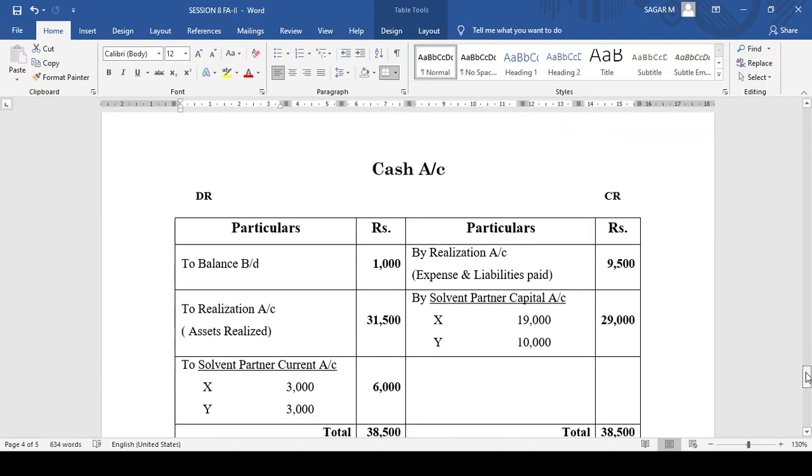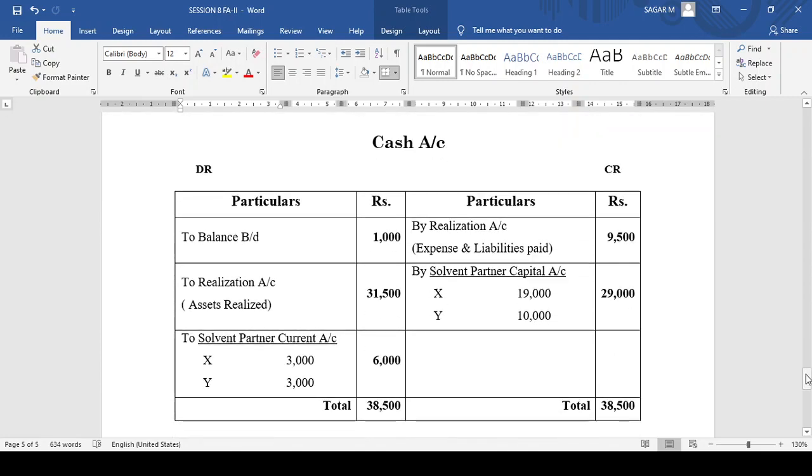Now at the end, prepare a cash account. The simplest account is the cash account. As I told you, you need to start this account, that's it. You need to begin with the debit balance, that is to balance brought down, as we have a cash balance. After that, your duty is only to go through the previously prepared accounts.